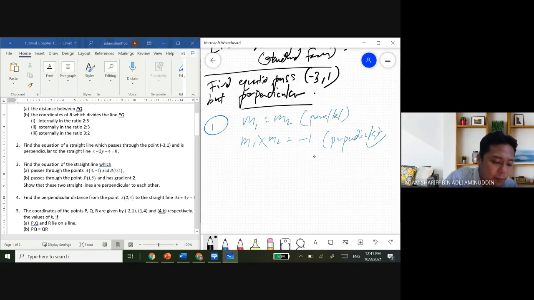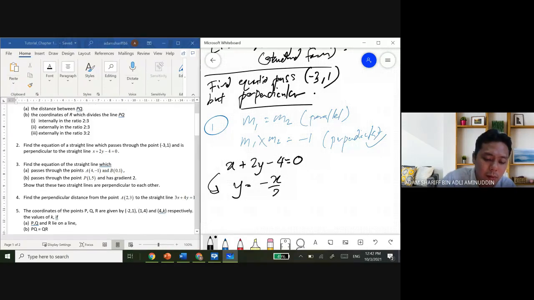Daripada standard form, x plus 2y minus 4 equals to 0, we cannot know the exact gradient yet, so therefore we need to change this equation to a gradient form. Some conversion is needed here. And if you convert it, it will be y equals to -x over 2 plus 2.